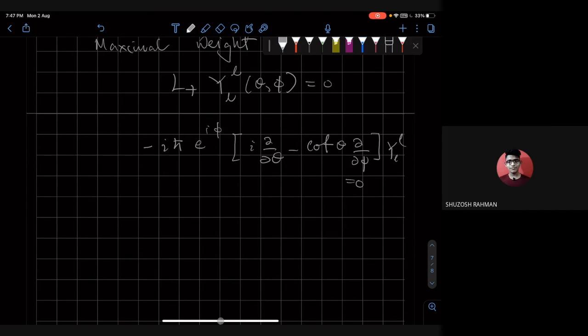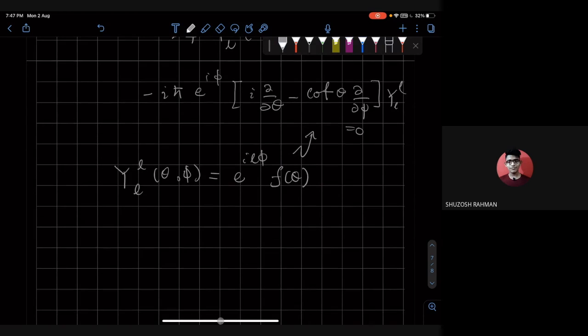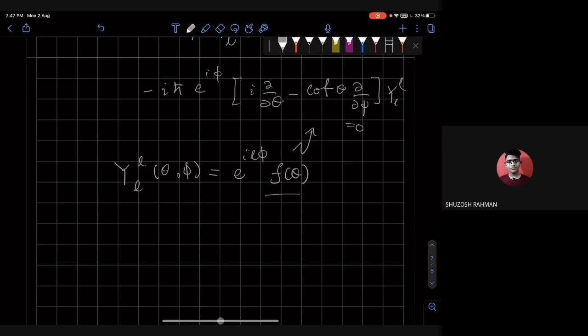Now, we take the ansatz that Y_LL(theta, phi) has the form of e to the power i L phi times some function f of theta. If I plug this ansatz into this equation, I get an equation for f.